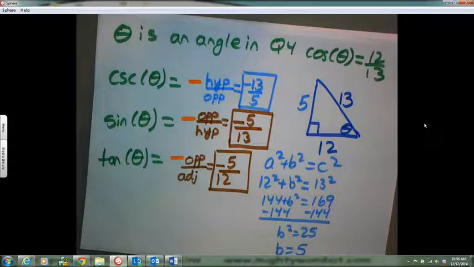Number 2 seems a little bit trickier, but basically a very similar problem. I'll write it, and I'll keep this frozen for those who are still copying. Theta is in quadrant 3, in Q3, right?